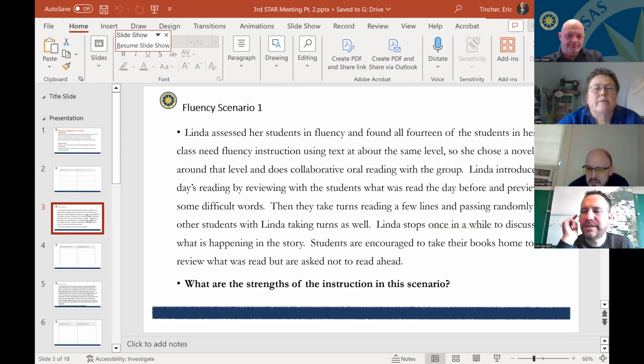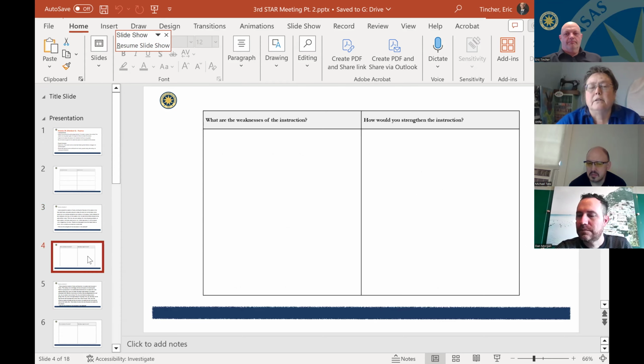She has 14, and I'm wondering if they were all at the same level. Even if they were at the same level, that's way too big for a collaborative oral reading group. Echo reading and repeated reading groups are very small, like 1 to 3 students. But even for your collaborative oral reading, you really don't want more than 4 or 5.